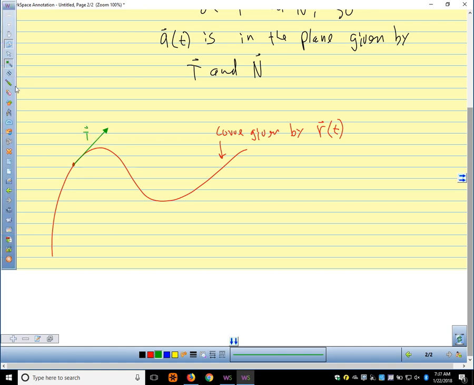And I'll draw our unit normal vector here, like so. And my acceleration vector is going to look just something like this. So that vector is going to be my acceleration vector.